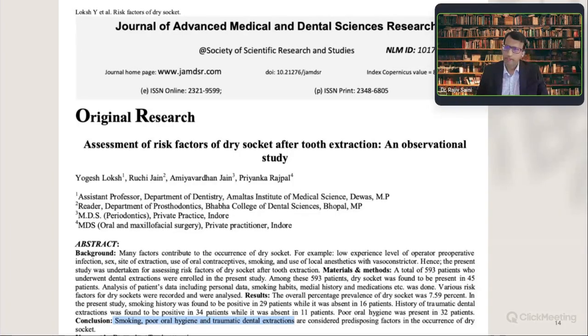Smoking, oral hygiene, and traumatic dental extractions. These are the three key components which account for 90 to 95% of cases of dry socket.